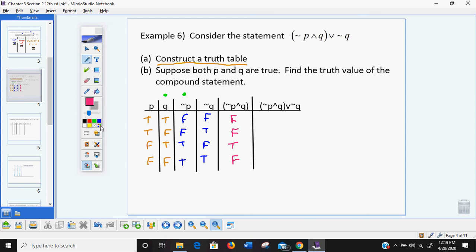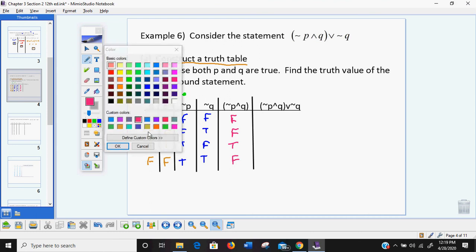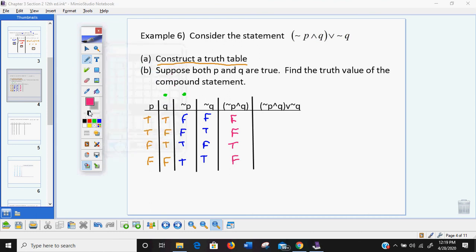Okay, now in the last column, let me do this first. Let's erase these two. So let's see what we're looking at for this last column. On the last column, I'm looking at the not P and Q, that's this one, or not Q. So I'm looking at this not Q here.